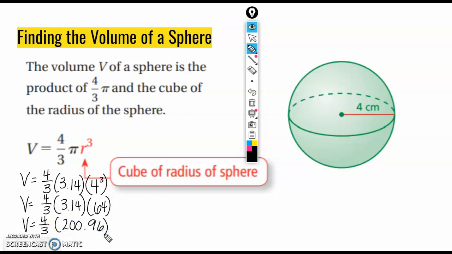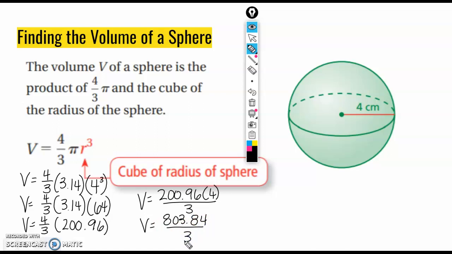Now we're going to multiply 64 times pi, or 3.14, and that gives us 200.96. The easiest way to take 4/3 of a number is to begin by multiplying times 4 and then divide by 3. So we are going to multiply 200.96 times 4 and then divide it by 3. 200.96 times 4 is 803.84.